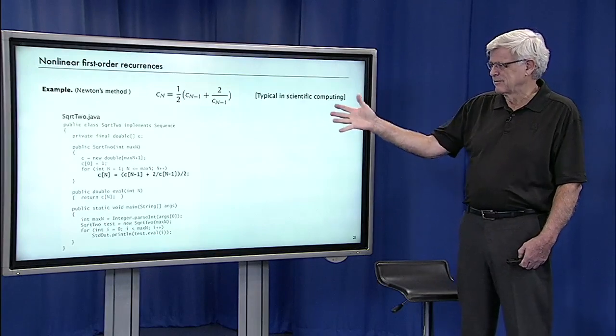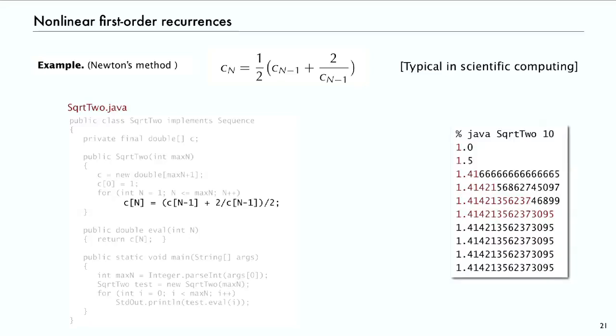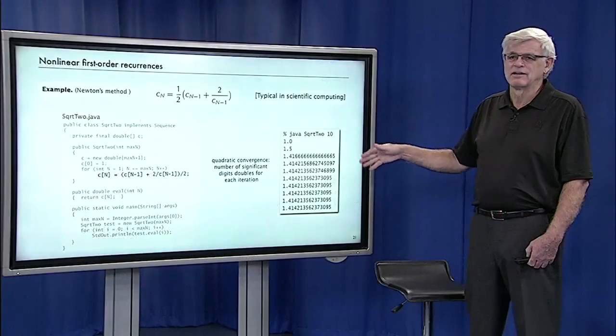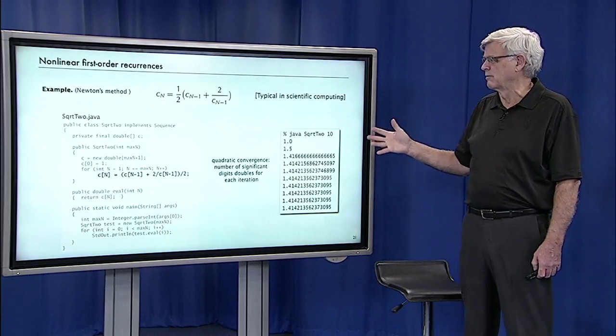I can write the code to compute the square root of 2 this way, just another sequence like in the code that I gave for quicksort or Fibonacci numbers. If you print out values for that, you see it gets very close to the square root of 2, actually very quickly. It's got quadratic convergence: the number of significant digits doubles on each iteration. It's a very efficient way to compute roots, and it applies to lots of other functions, not just square root.